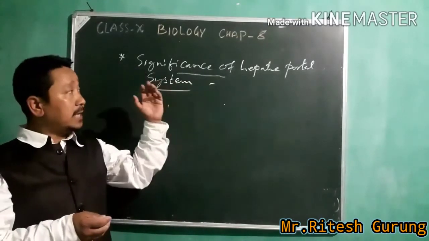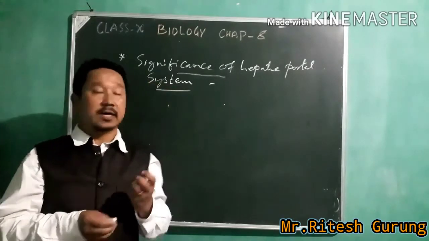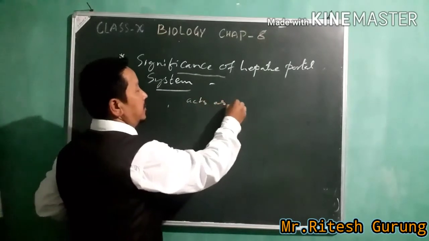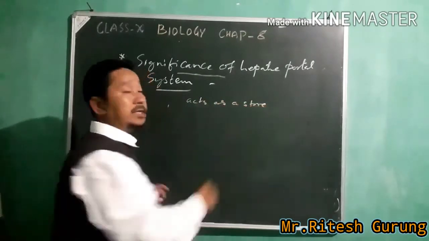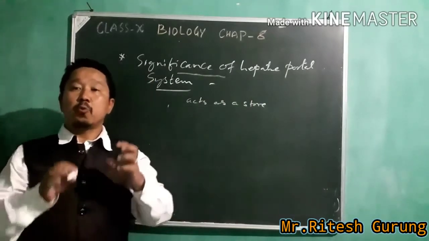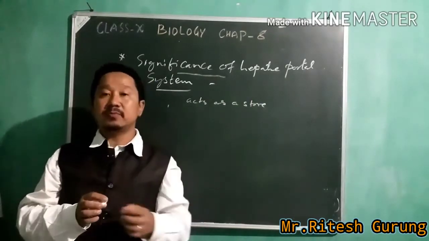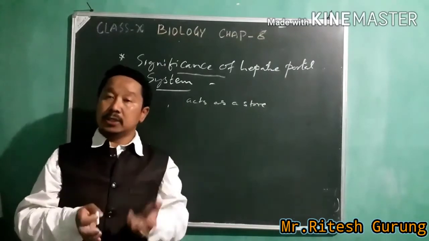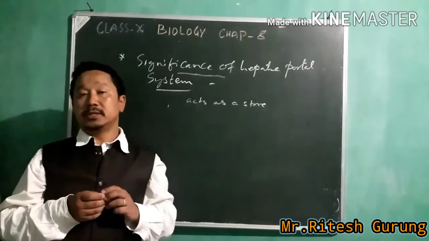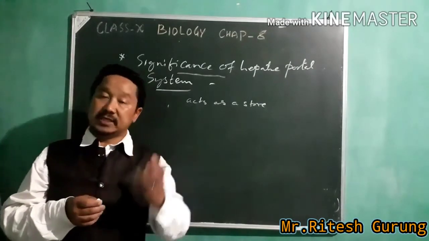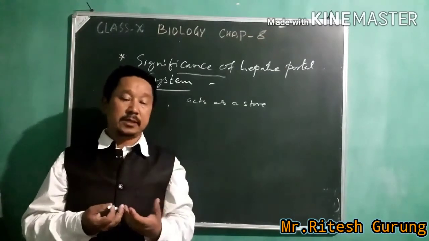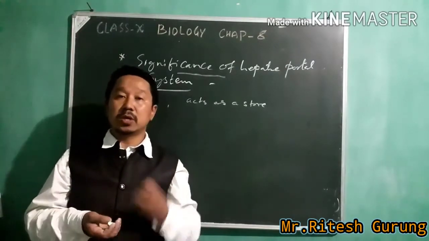The liver now acts as a storehouse to regulate the quantity of nutrients, or digested food materials, flowing into the general blood circulation. For example, suppose we have taken excess sugar or glucose.